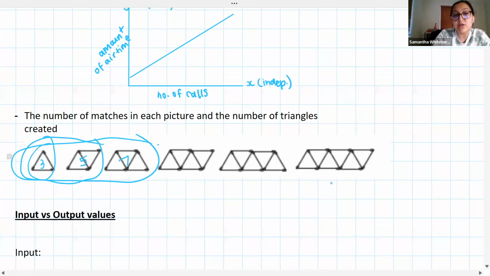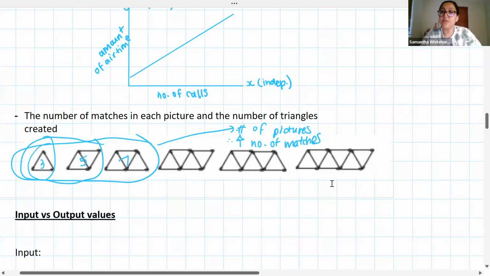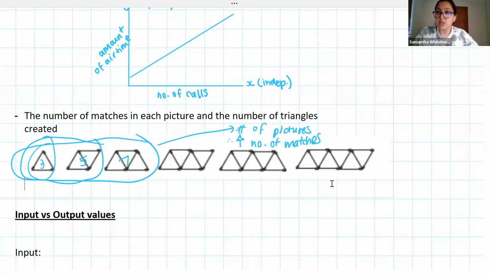As I increase the number of pictures, I am also increasing the number of matches. So for example, I have got 6 pictures here. If I now want to make the 7th picture, I'm going to need more matches. If I want the 8th picture, I'm going to need even more matches. So as I make more and more pictures, I need more and more matches.